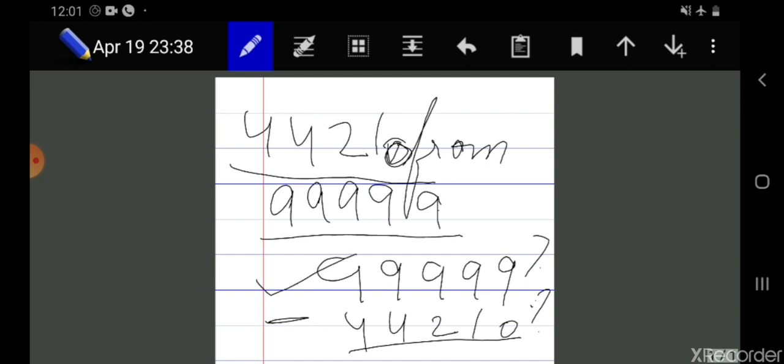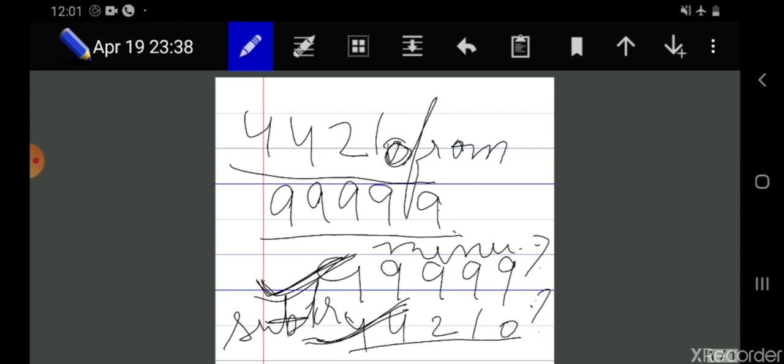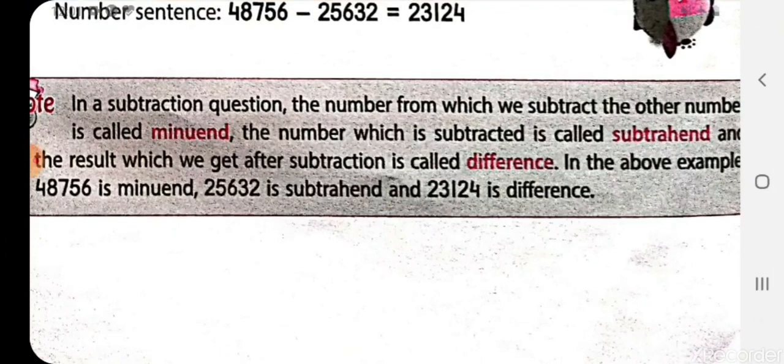The bigger number from which the other number is subtracted is called minuend, and the smaller number which is getting subtracted is called subtrahend. The answer which comes here is called difference. Clear? This one is very important.